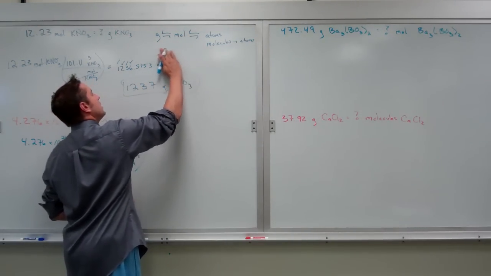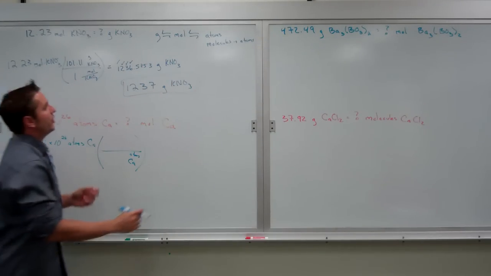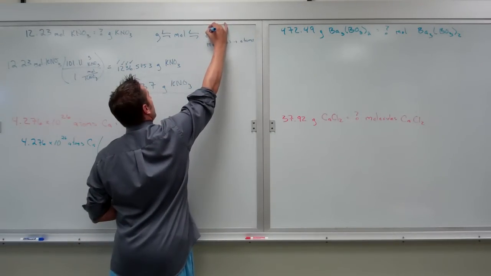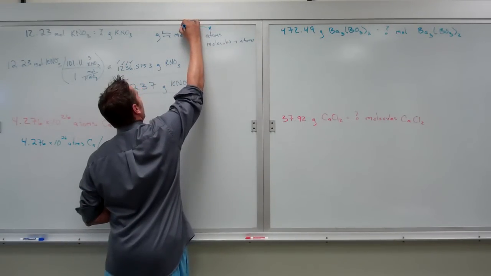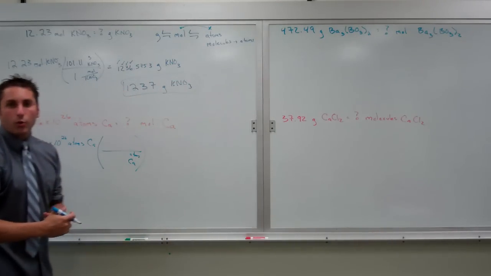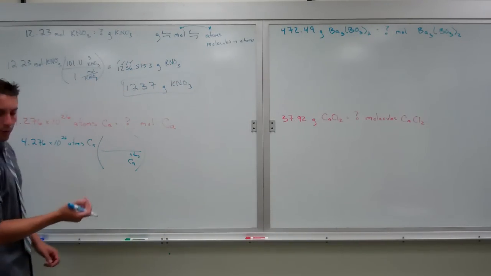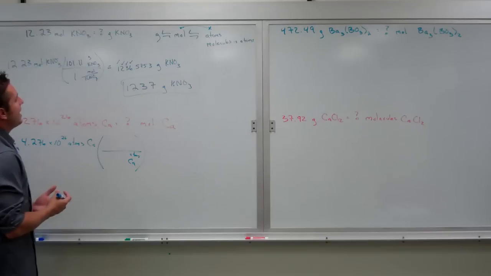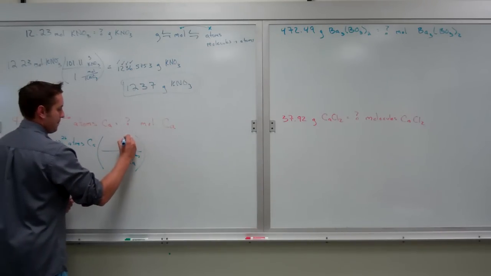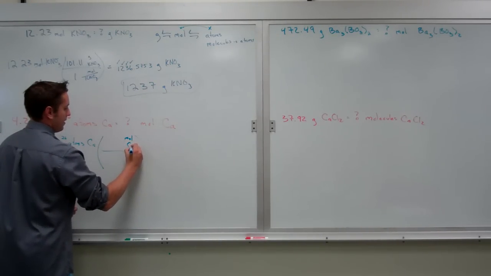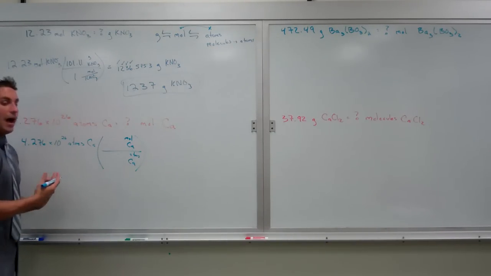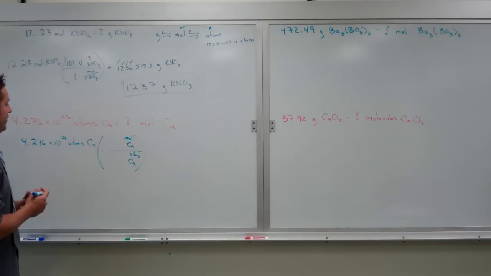So we go back up to here. This time we start in atoms, and I'm trying to go to moles. Those two things are right next to each other. So if they're right next to each other, that means that I can do it in one step. Now it's about placing in the correct conversion factor.